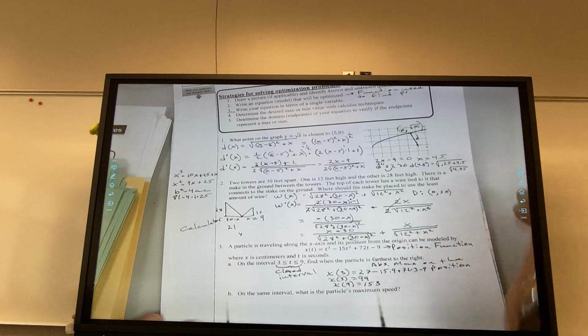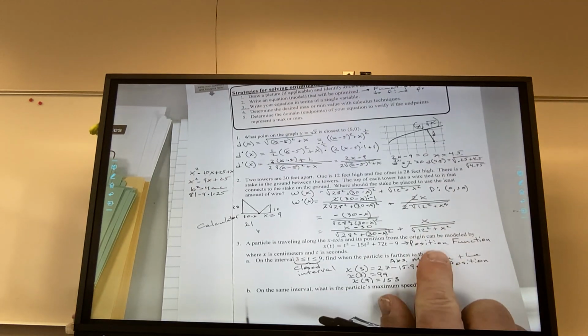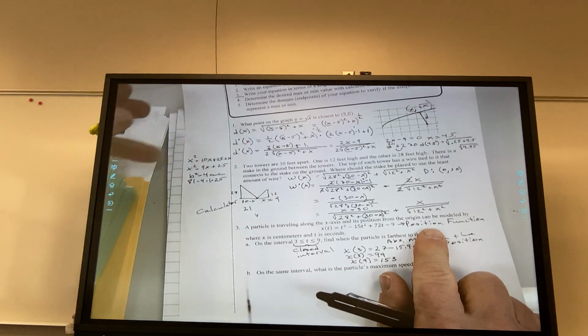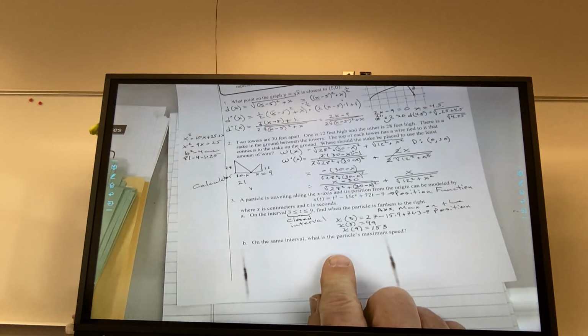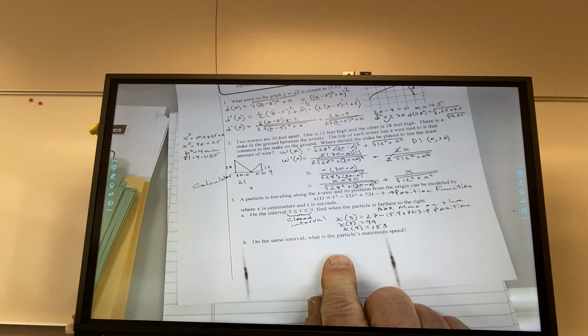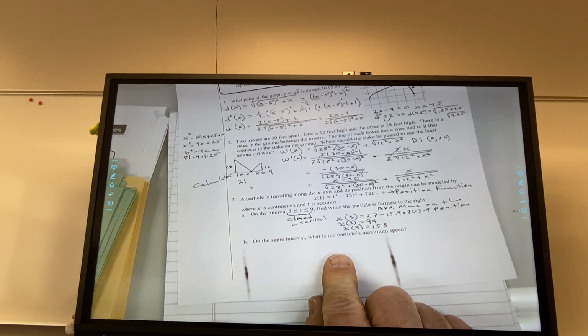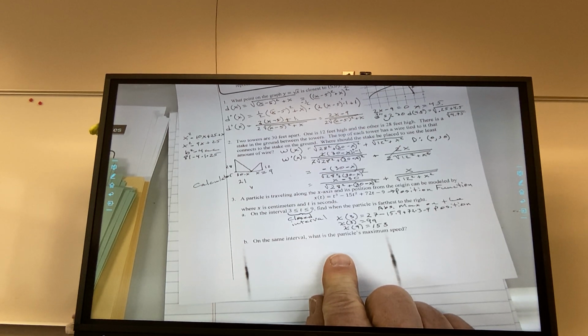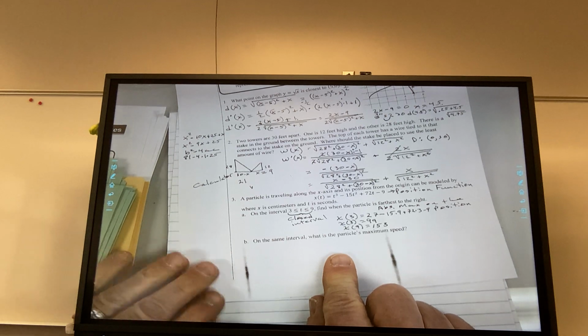So I took the derivative, and since it's a position function, its derivative has to be a what? Anytime you take the derivative of a position function with respect to time, you get the velocity function.